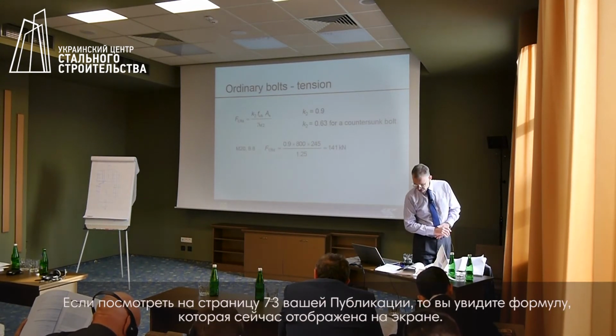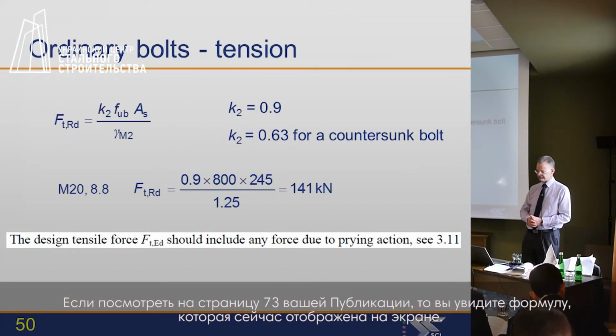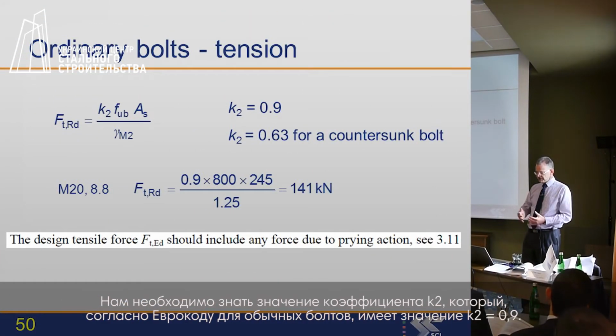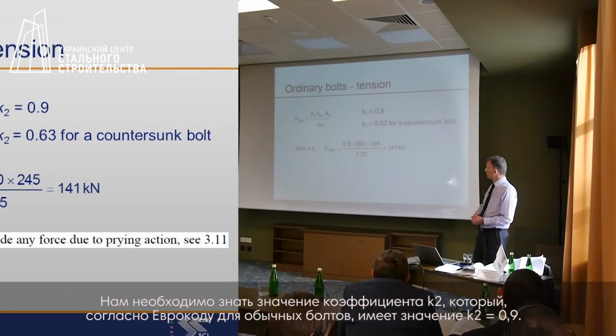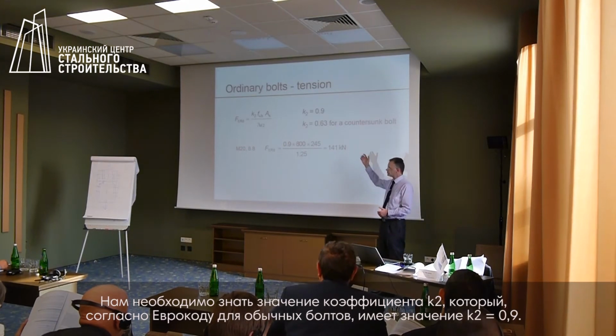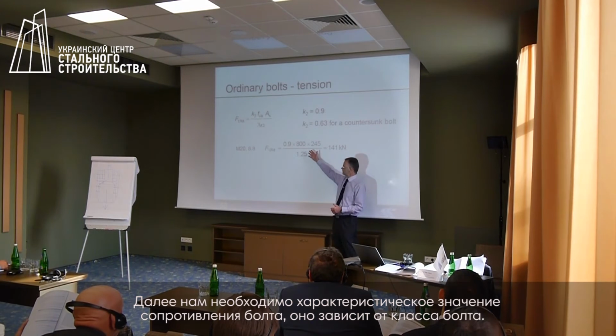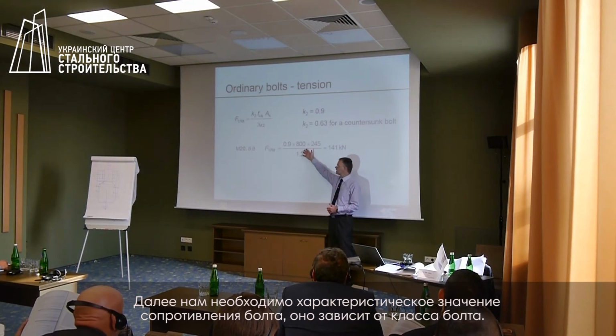If you look on page 73 of your guide, you will see the formula that you now see on the screen. We need a value of K2, but the Eurocode tells us precisely what K2 is. For an ordinary bolt, K2 is 0.9. Then we need the ultimate strength of a bolt, so that depends on the class.